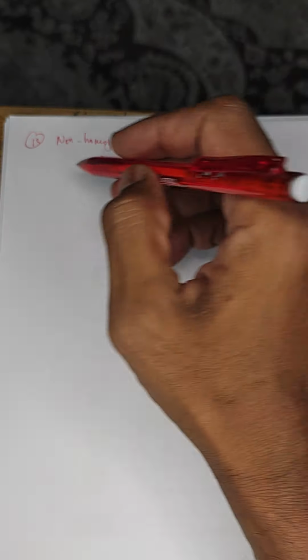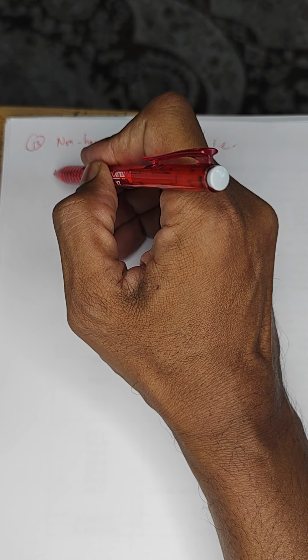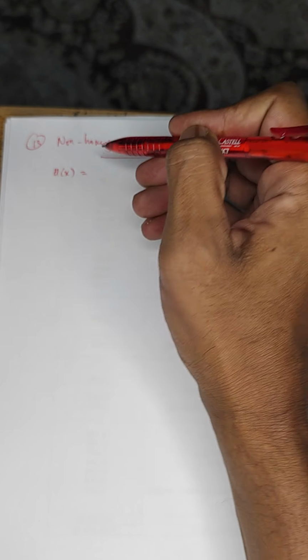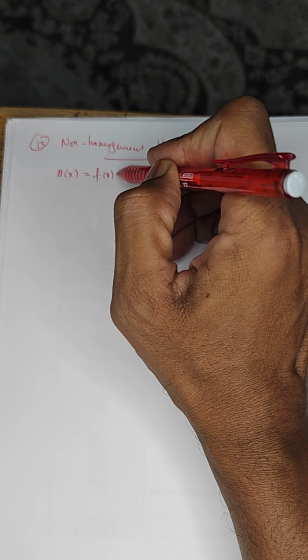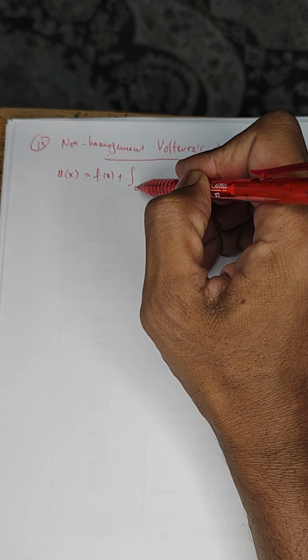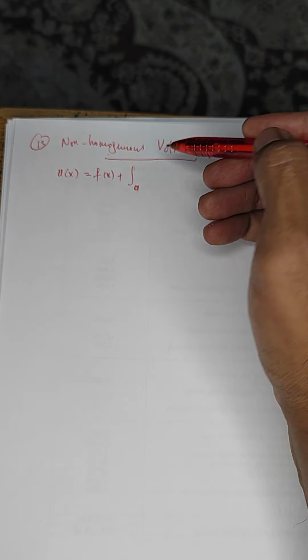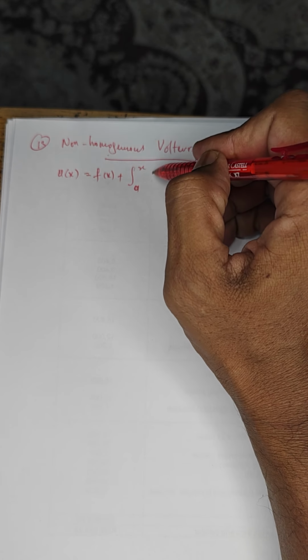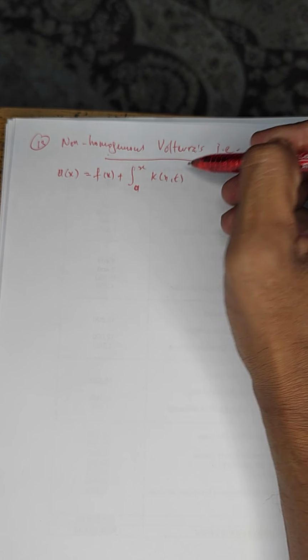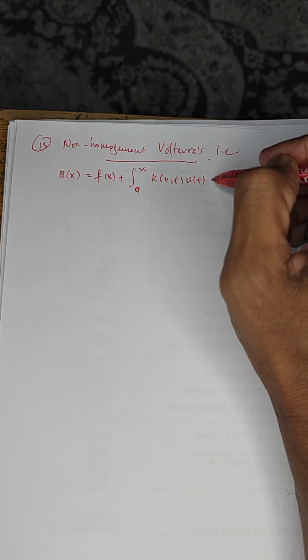non-homogeneous Volterra integral equation. For the Volterra integral equation, the general form is given as u(x) = f(x) plus the integral from some number a to x of k(x,t) u(t) dt.